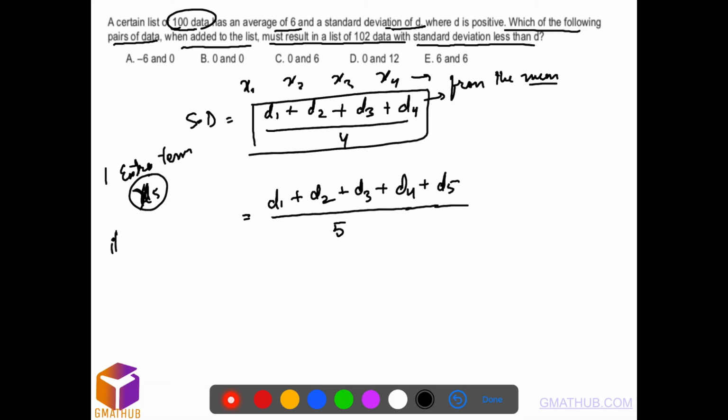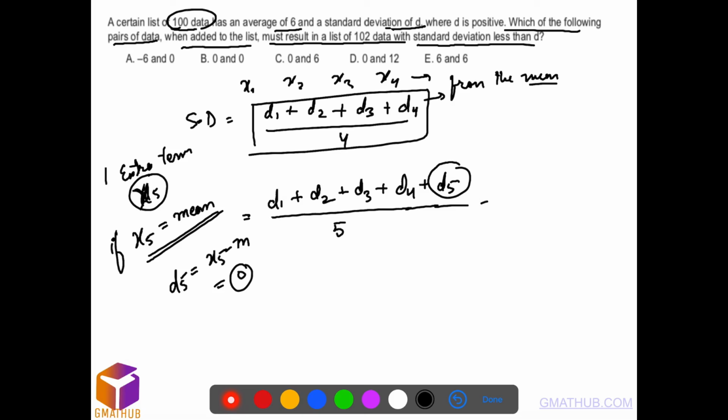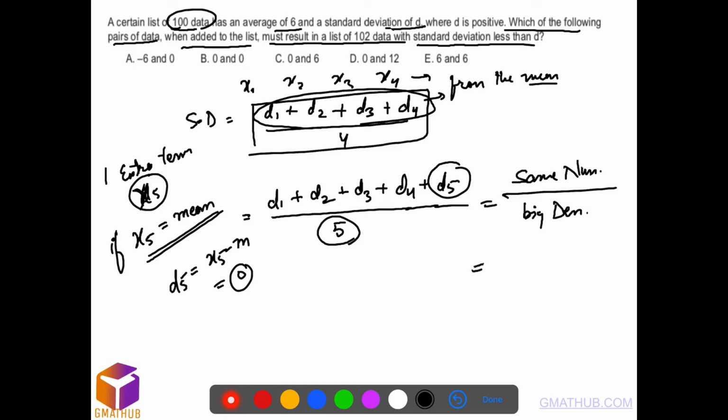Okay, now if x5, the new term, is equal to the existing mean, then the new distance d5 will be equal to 0. That means same numerator, whatever it was earlier, divided by bigger denominator, because the denominator will go up by 1 because that is number of terms. So we'll have smaller standard deviation.